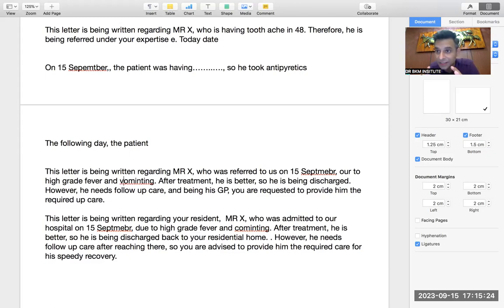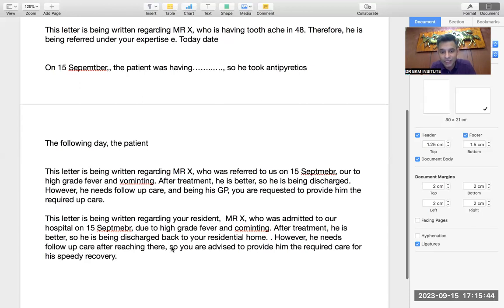Sometimes, once I remember there was an exam. In that exam, rather than anything else, it was given: write an advisory letter. So the whole of the candidates became confused. What is this? We have never done an advisory letter in OET.